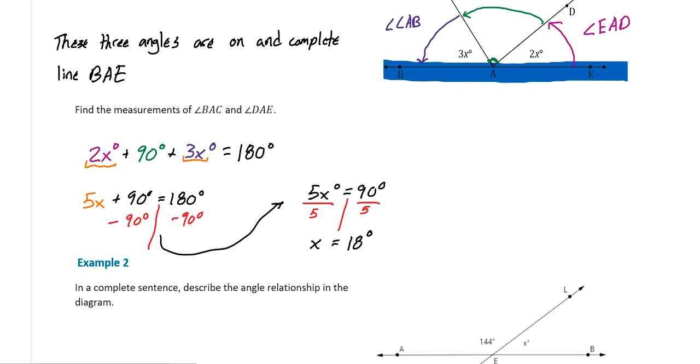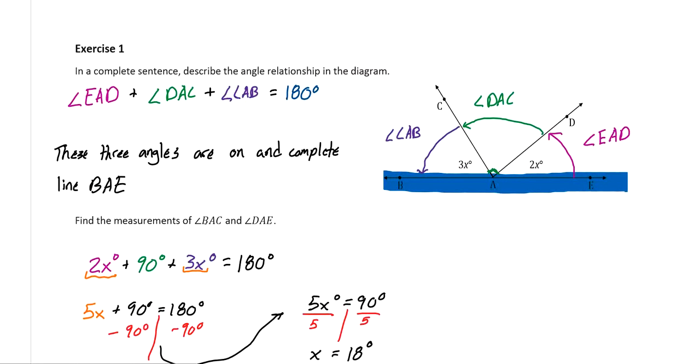So x equals 18 degrees, but notice that they wanted us to find the angle measure BAC, which is in purple. I wrote that as CAB, BAC, CAB, same thing. And we have to find the angle measure DAE, which I wrote as EAD, which remember was 2x.